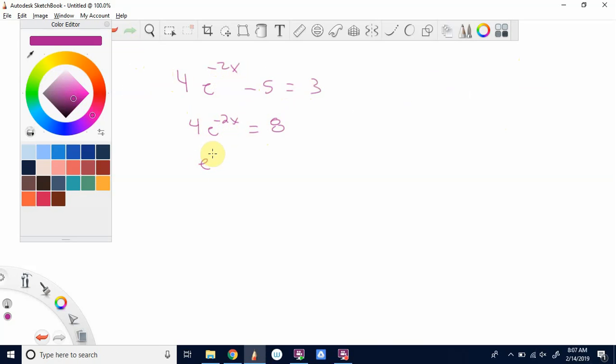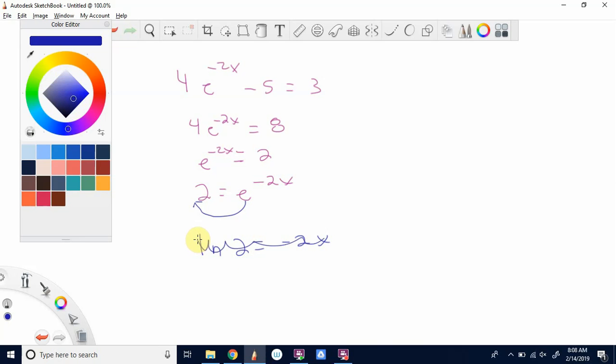I'm going to divide by 4. e to the negative 2x equal 2. I'm going to rewrite this to say 2 equals e to the negative 2x. Now I'm going to change it from exponential form to natural log form. So natural log of 2, I don't have to write that e, it's implied, equals negative 2x.